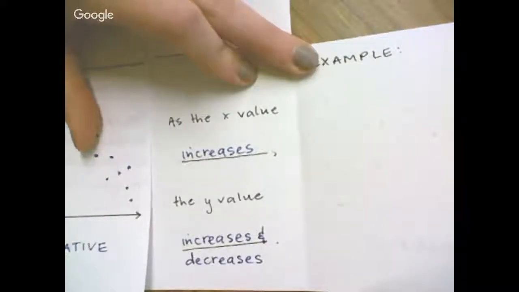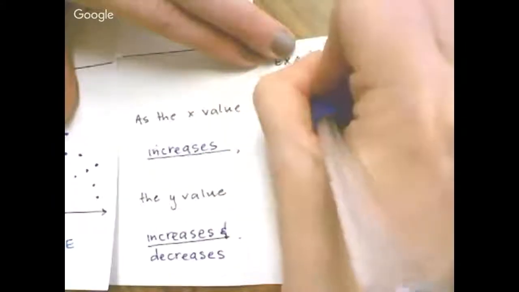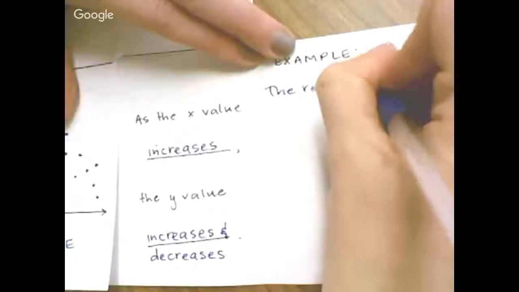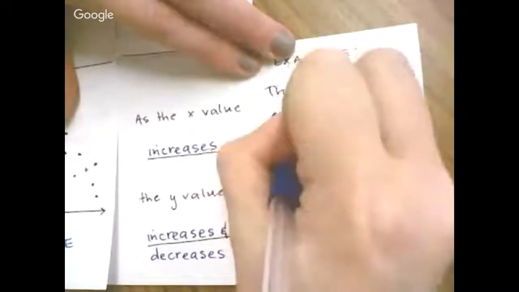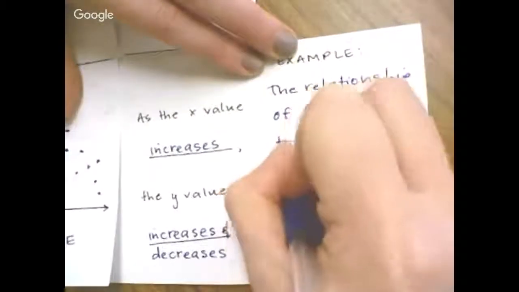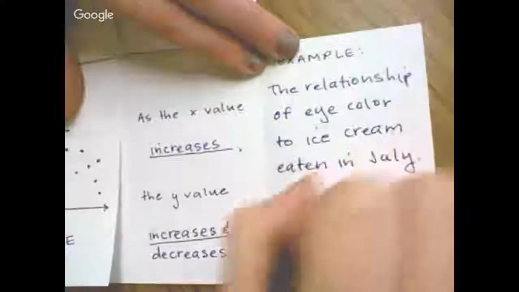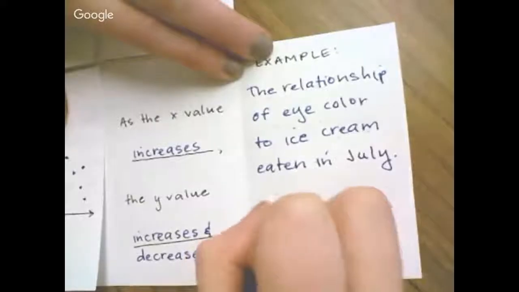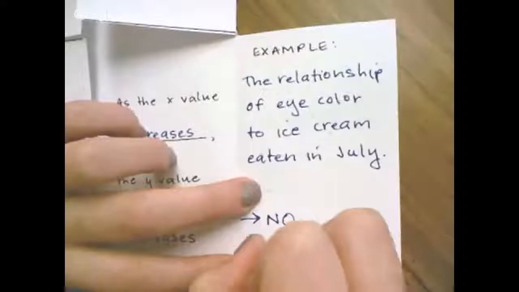So there's no necessary pattern. And this is when the sets do not relate at all. So this could be the relationship of eye color to ice cream eaten in July. The key here is that there is no relationship.